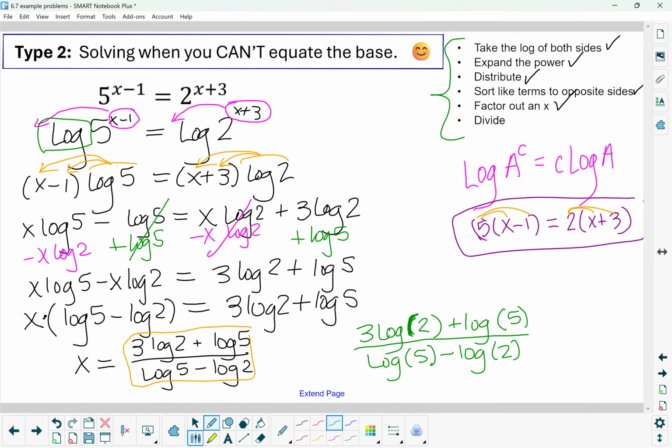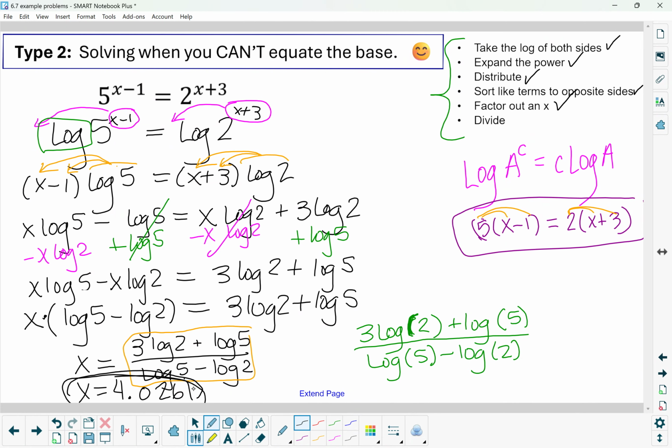And hopefully I typed this right. Let's see. Yeah, so our x value is 4.026 if we round.